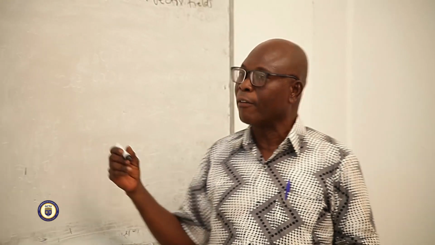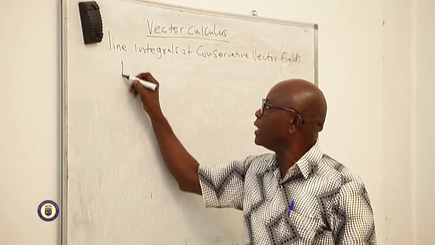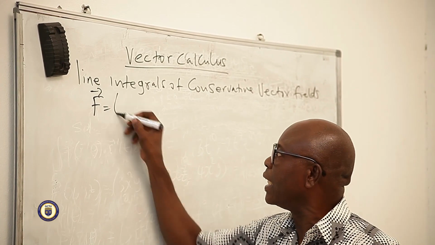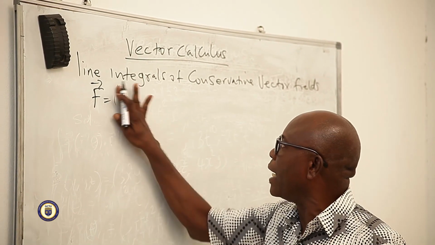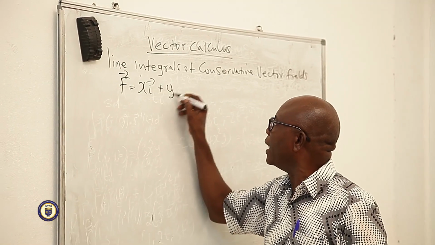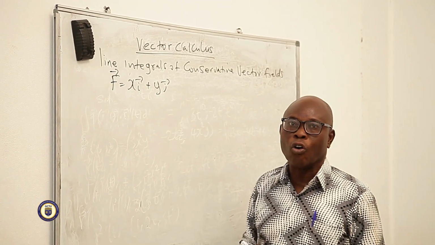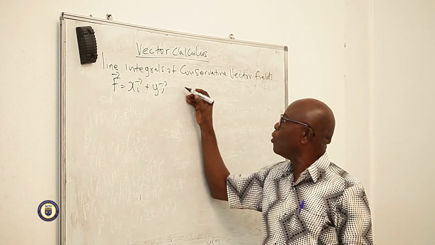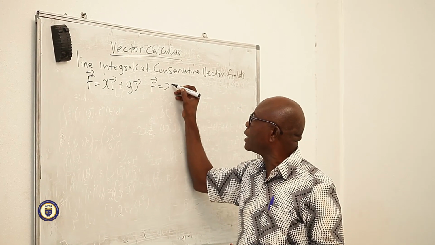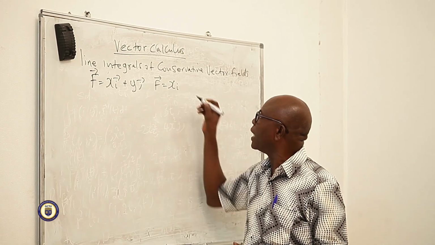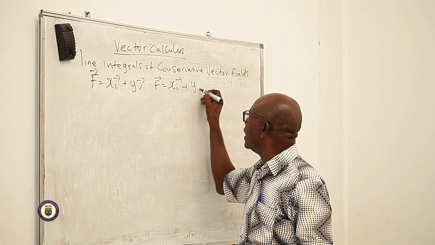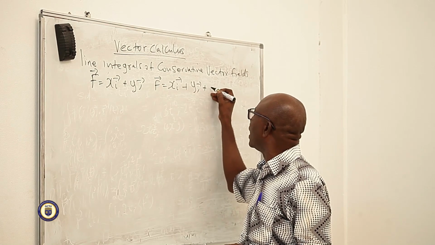So if you have a conservative vector field, let's say F in 2 dimensions, which is x in the i direction plus y in the j direction, or we have it in space where our conservative vector field F is equal to xi plus yj plus zk.